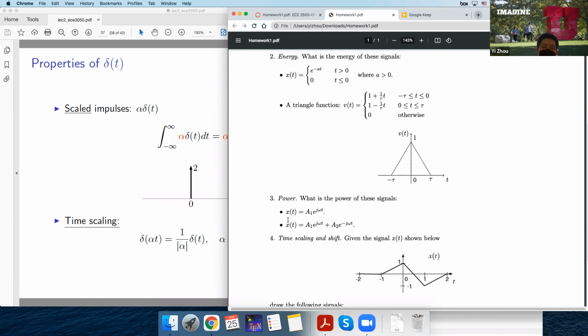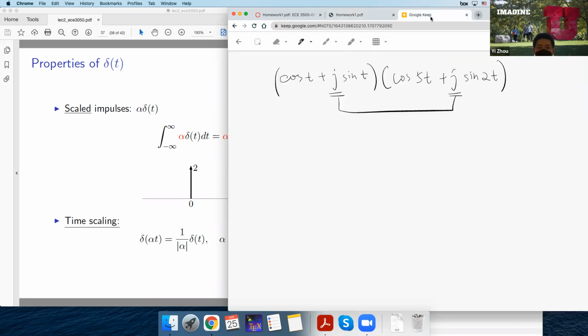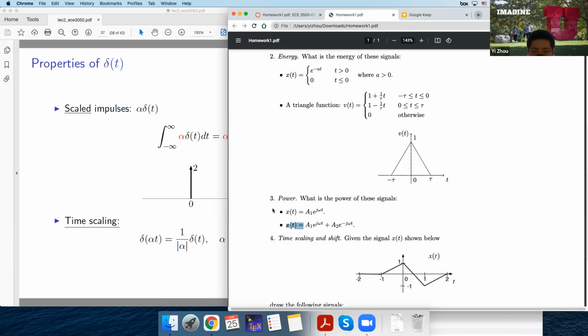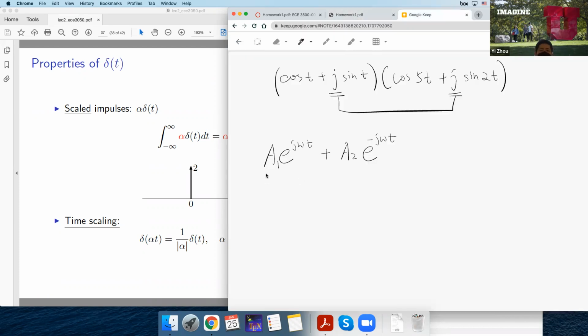So how do you calculate the magnitude of x(t) for this example? This is an addition of 2 complex numbers in their polar form.